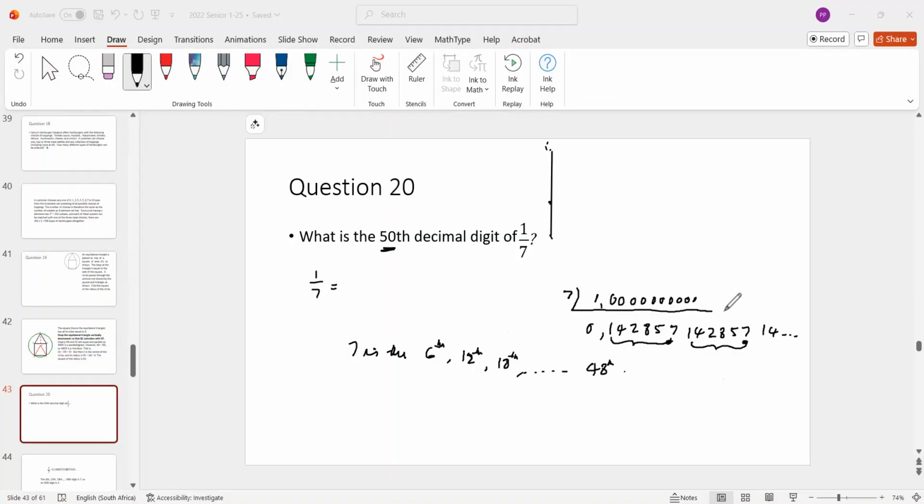So the 48th digit is 7. The 49th digit will be the one after 7, which is 1. And the 50th digit, the one after that, is 4. So the answer is 4.